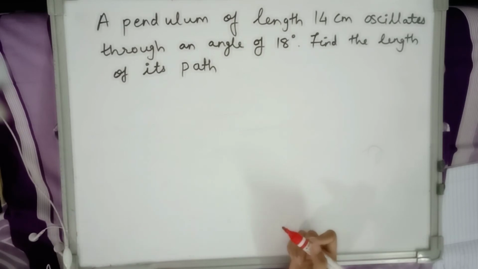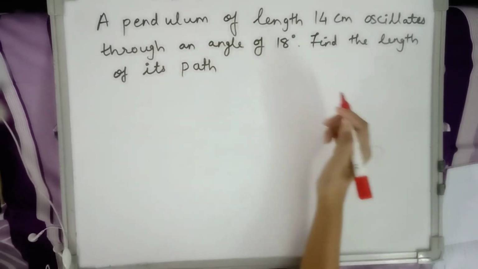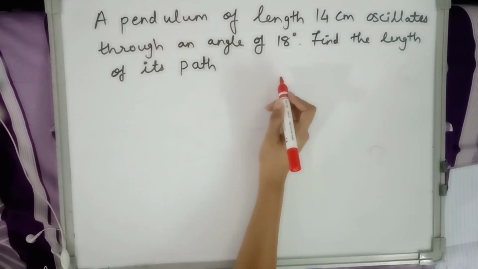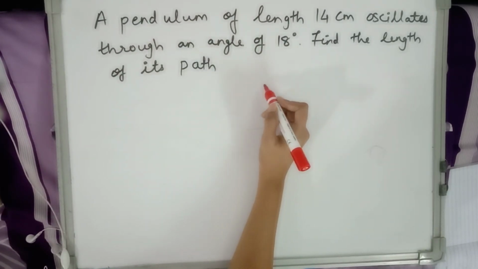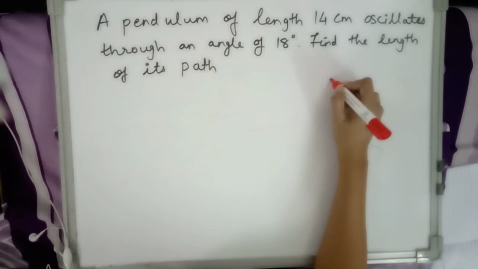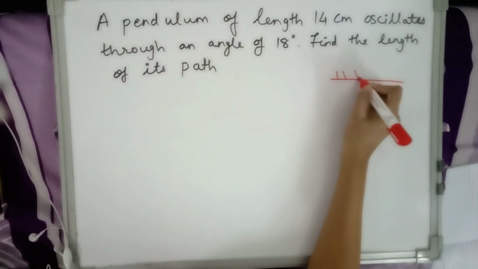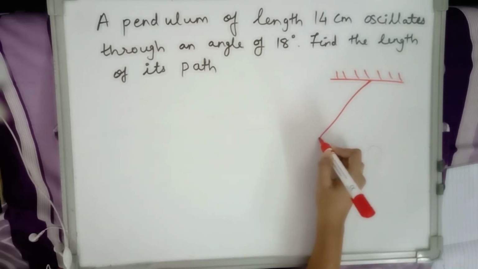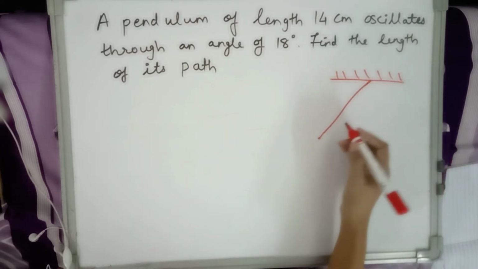Let's see another example. A pendulum of length 14 centimeter oscillates through an angle of 18 degree. Find the length of its path. Now first we'll draw a rough figure. Suppose this is the pendulum tied to a pole.